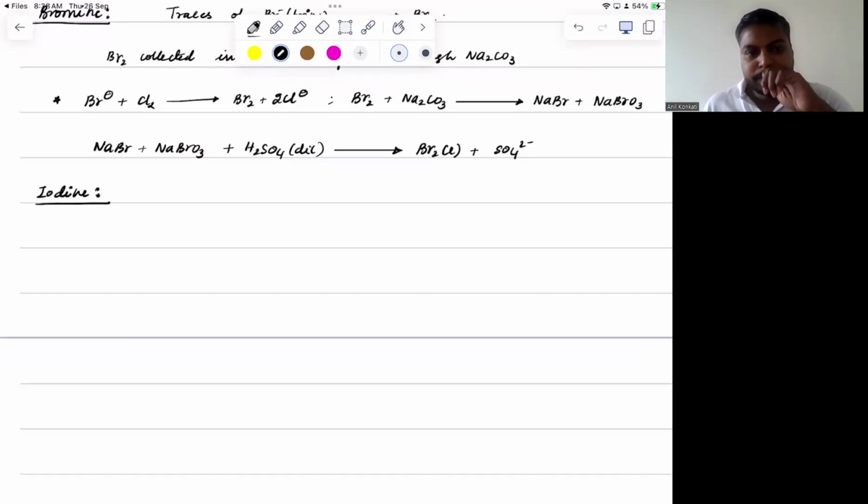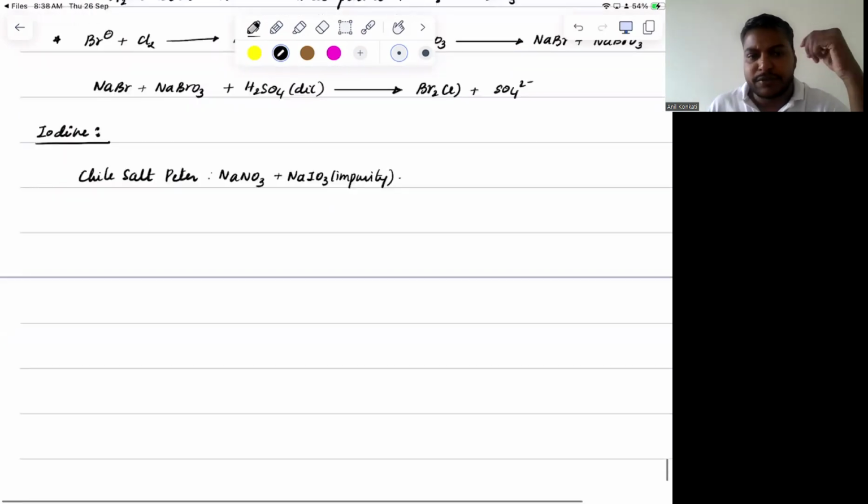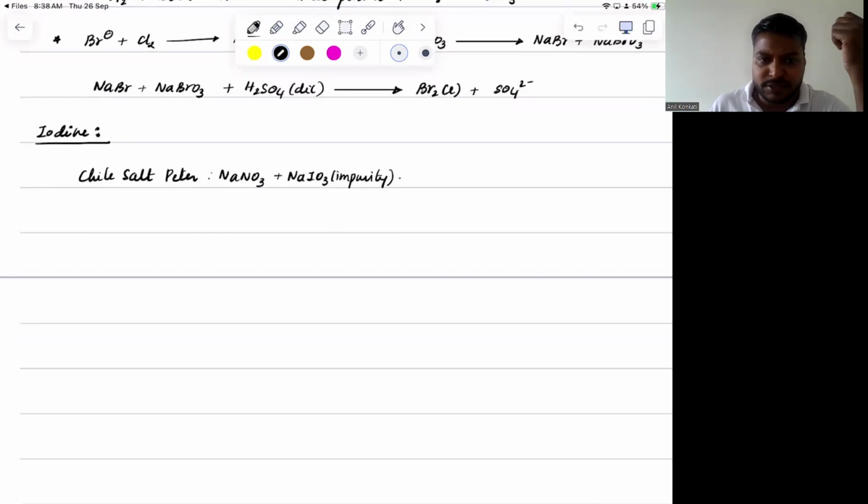Again, most of the salt, Chile saltpeter, which is NaNO3, will come with an impurity, which will always be NaIO3. This is the impurity you will notice, and this impurity is sufficient to make reactions.